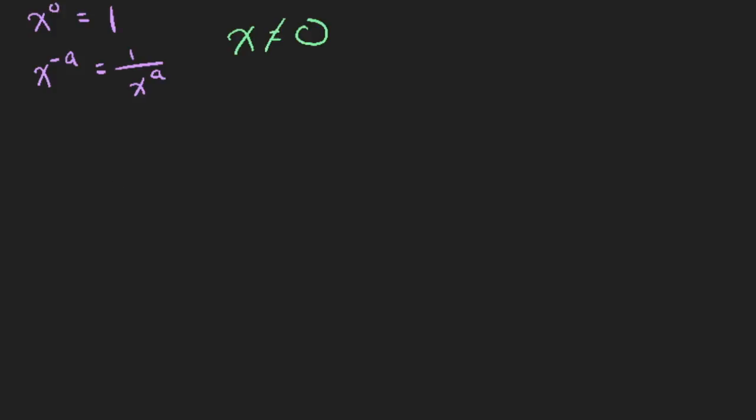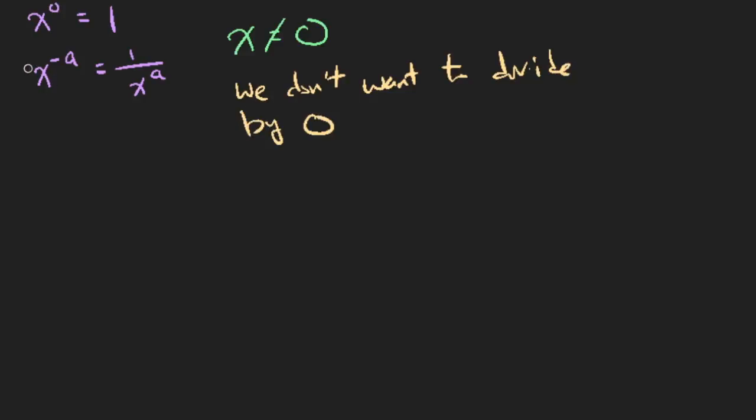Because when x is equal to 0, you get into a situation where you will have to divide by 0, and we don't want to divide by 0. So you can make use of this rule, and remember that this applies for all values of x except when x is equal to 0.